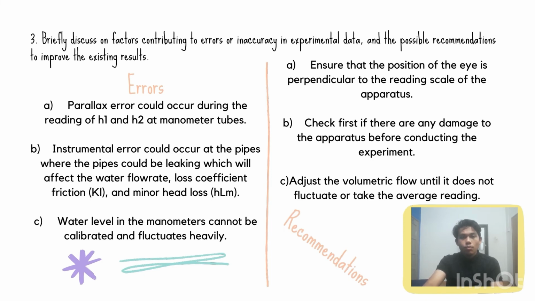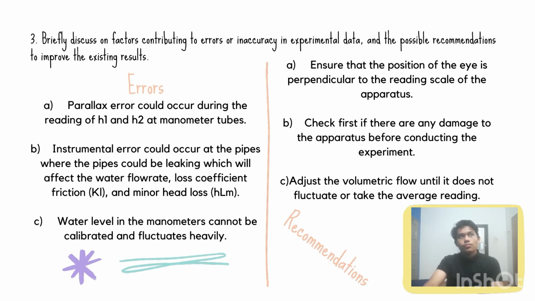To fix this problem, we need to ensure that the position of the eye is perpendicular to the reading scale of the apparatus. For the second error, instrumental error could occur at the pipes, where the pipes could be leaking, which will affect the water flow rate, loss coefficient, and minor head loss.